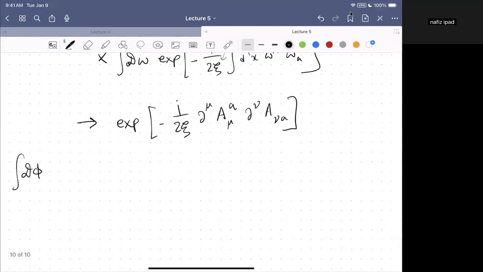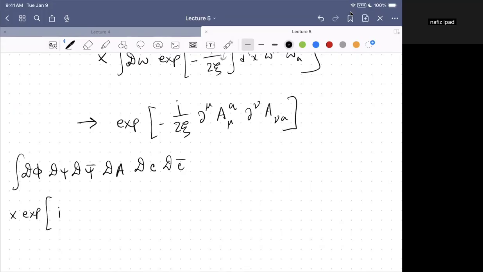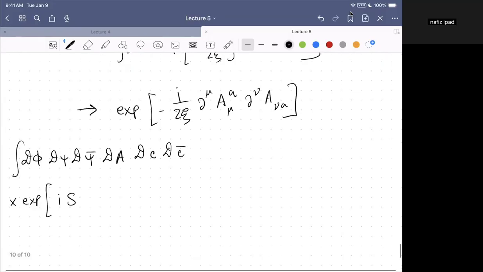Okay. Yeah, so integration over all of your fields, psi bar, if you have them, integration over your gauge fields, and then integration over these new fields that we added. And what are we integrating? We are integrating the exponent of your original action.